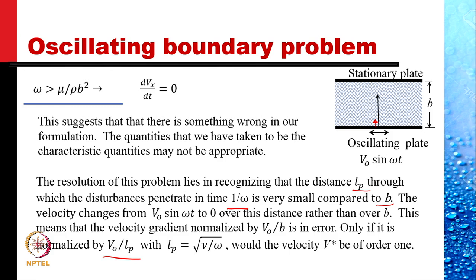So the characteristic length in the y direction should not be taken as B, but as LP, the penetration depth, which is related to the circular frequency omega of the oscillation of the lower plate.